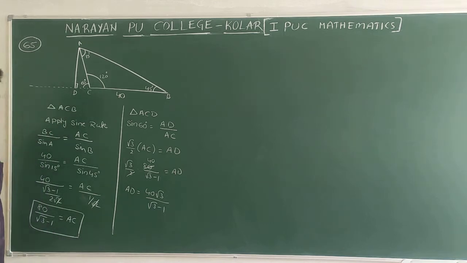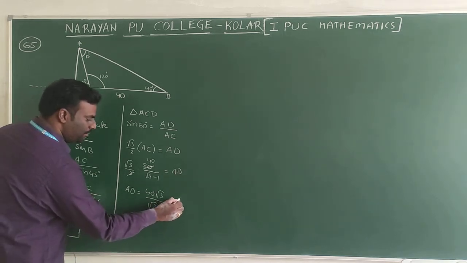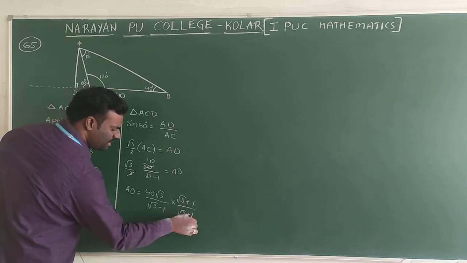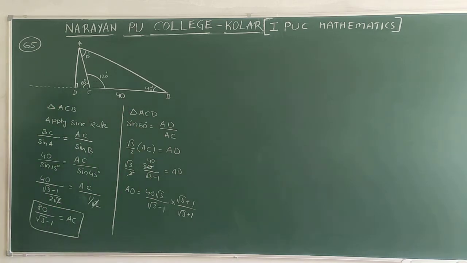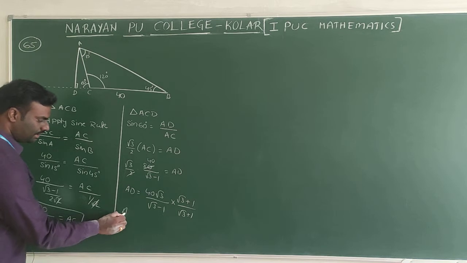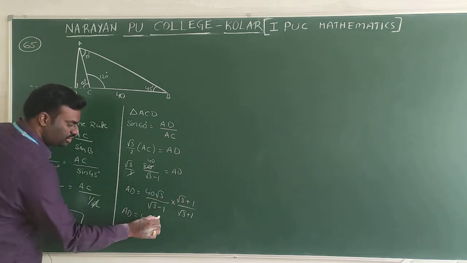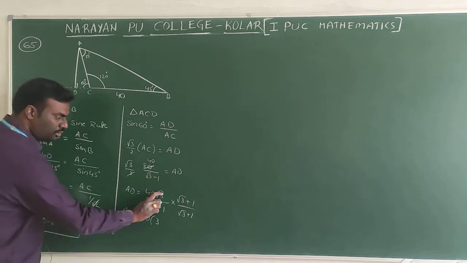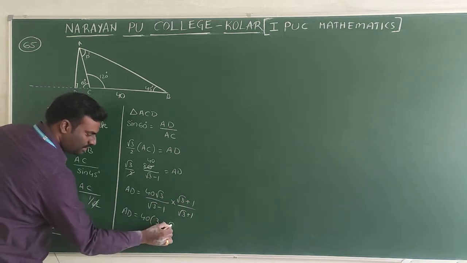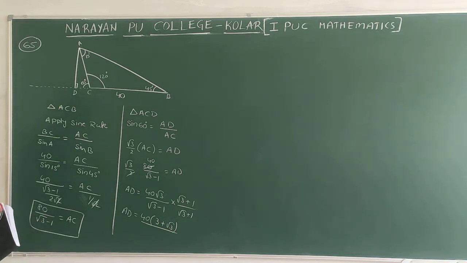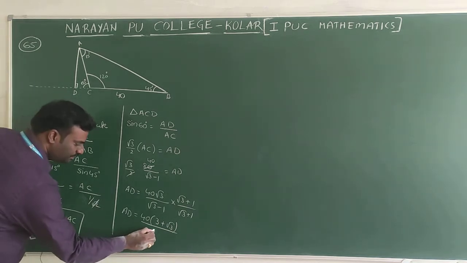Rationalize the denominator. Multiply and divide with root 3 plus 1. Okay. Then AD equals 40 into root 3 into root 3, that is 3, root 3 into 1, by the denominator a plus b into a minus b, a square minus b square, 3 minus 1, that is nothing but 2.